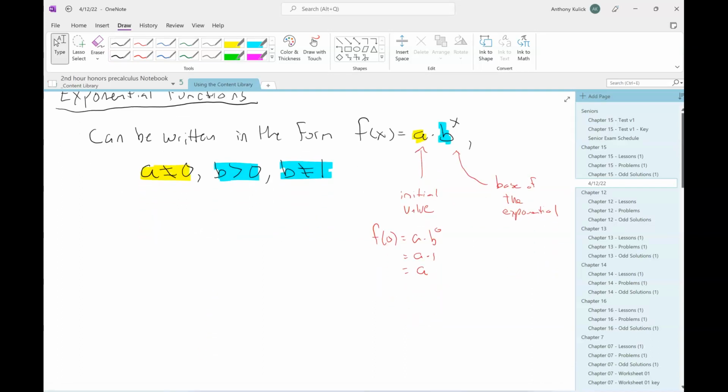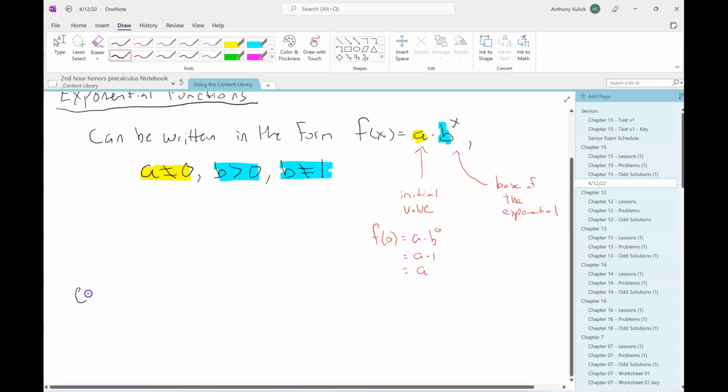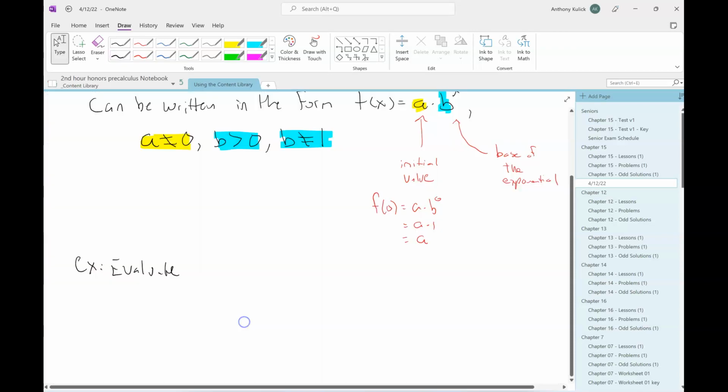Everybody happy with that? So far, so good. Easy peasy. Let's run through a couple of examples of just evaluating some exponential functions. So if I wanted to do f of 2, what am I going to do?